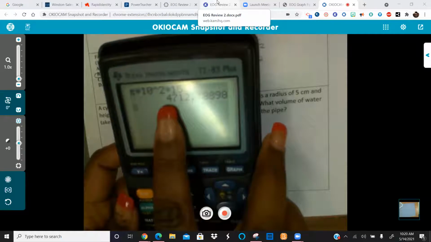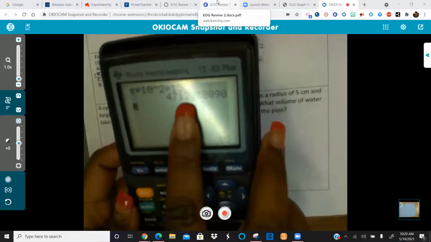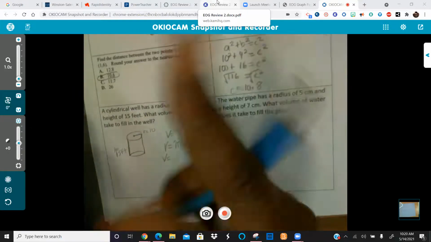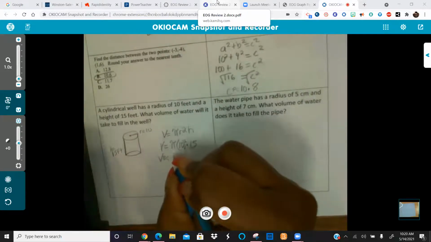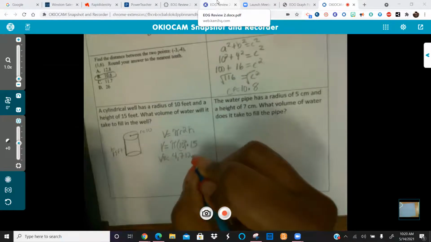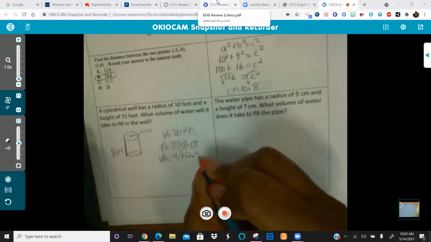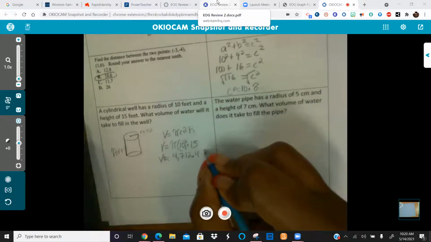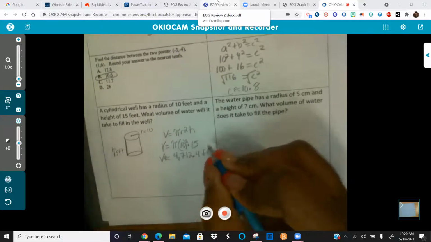So this is 4,712.4. Okay, so volume is about 4,712.4. And since this is volume, it's going to be feet to the third power.